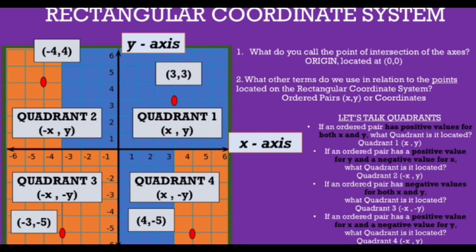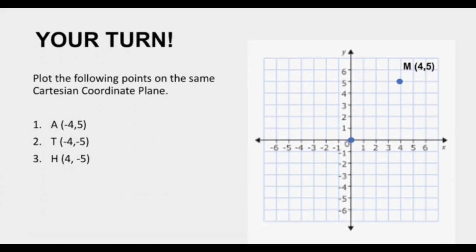So let's try to make use of an example. As you can see here, the point M is located at 4, 5 from the origin, meaning 4 units to the right. That's why it's positive 4. Then for 5 units up, that's why it's 5. Similarly, if you do point A, it's negative 4, 5. So from the origin, you start counting 1, 2, 3, 4, since it's negative 4.